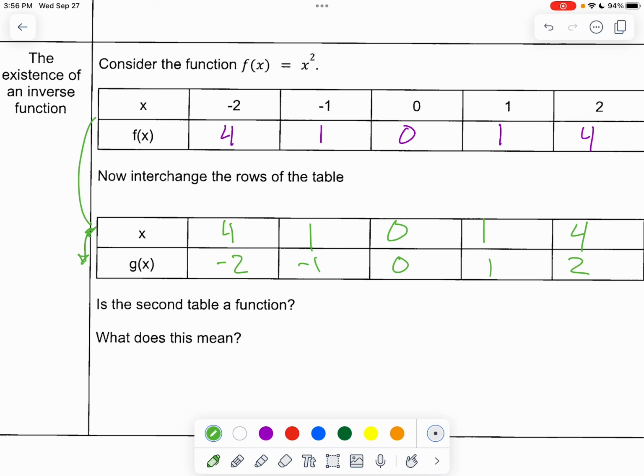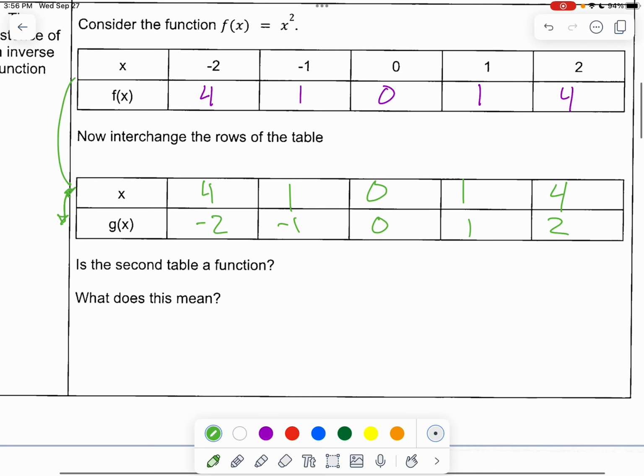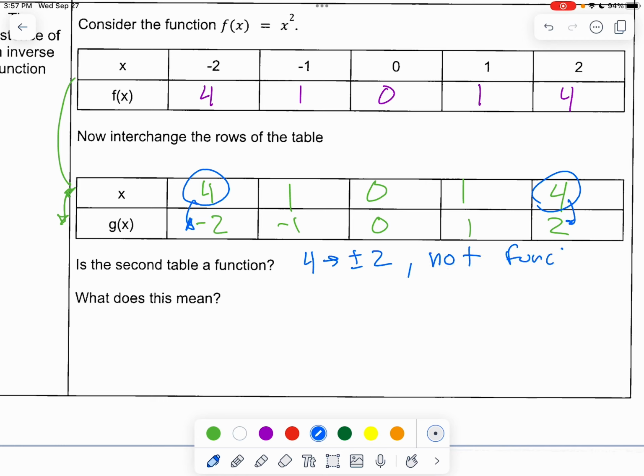And the question is, is the second table a function? If you pause and take a moment to think, you should come up with the answer. If I circle, you have 4 and 4. So 4 goes to plus or minus 2, right? Because you have 2 possible values for 4. So this is not a function because 4 cannot be plus or minus 2 at the same time.